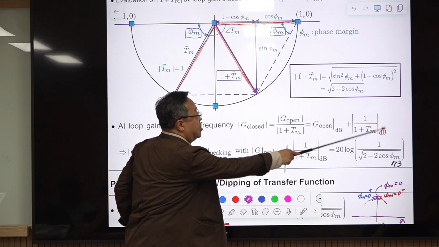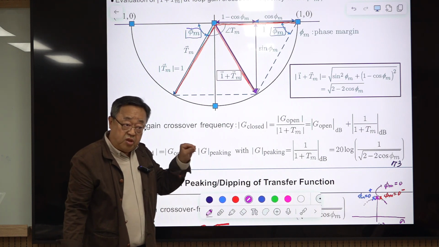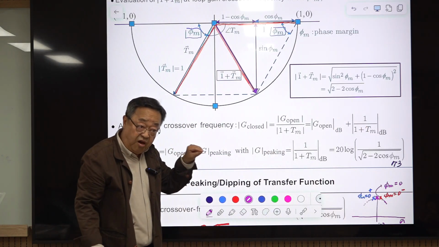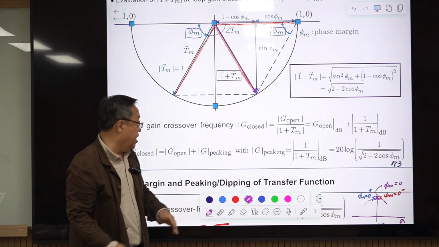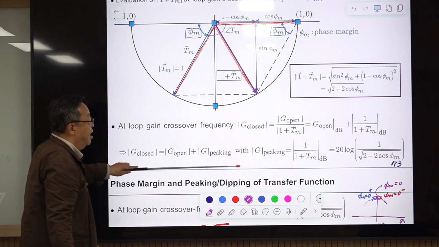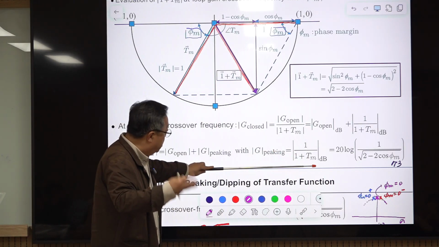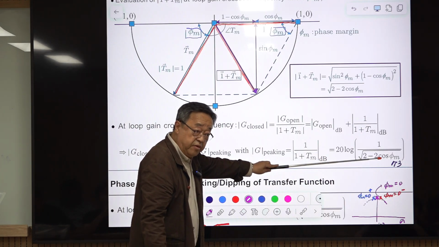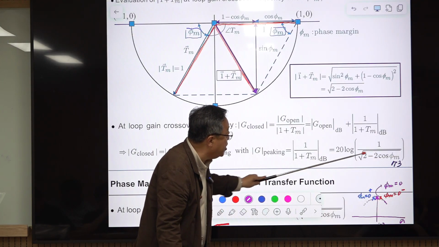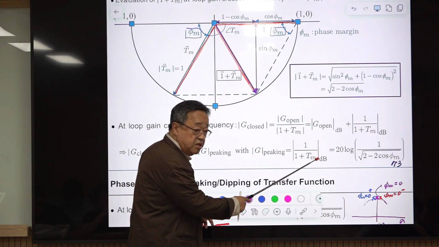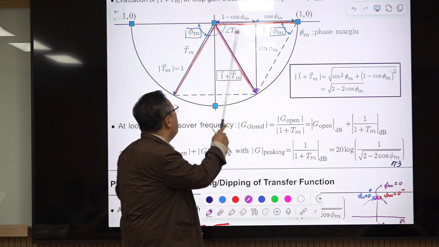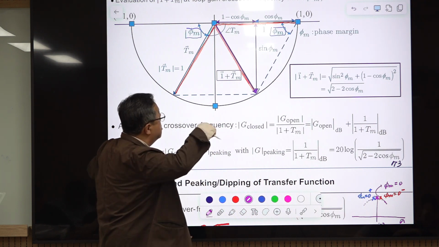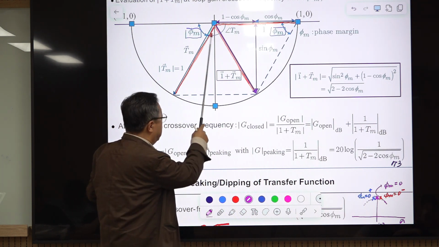If this is larger than 1, 0 dB, it becomes peaking. If this is smaller than 0 dB, negative dB, it becomes dipping. Assume this is peaking, and the magnitude of peaking is given by this equation. The denominator is actually the length from the origin to this, at the unit circle crossover frequency of loop gain.